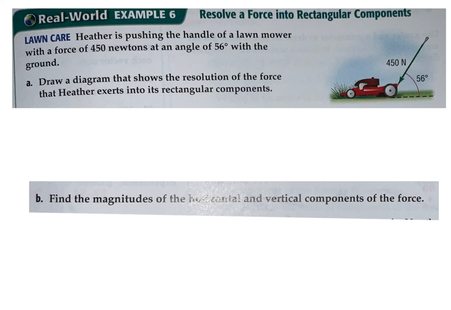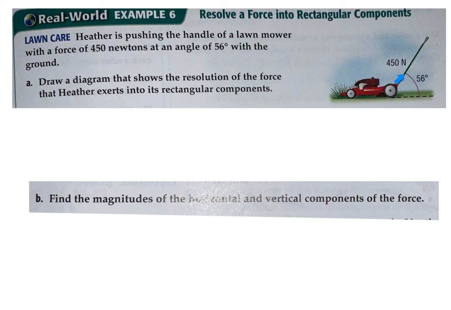Heather is pushing the hand of a lawnmower with a force of 450 newtons. So that is your magnitude, just like in the navigation when they tell you how fast they're going. That's the magnitude of your vector. So you'll notice they put that 450 newtons right here.